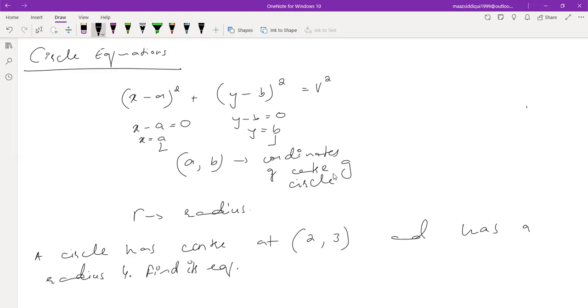How will we solve this? Using the information given in this question, we will substitute these values in the general equation.